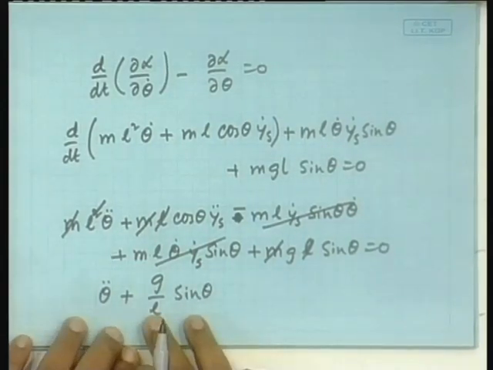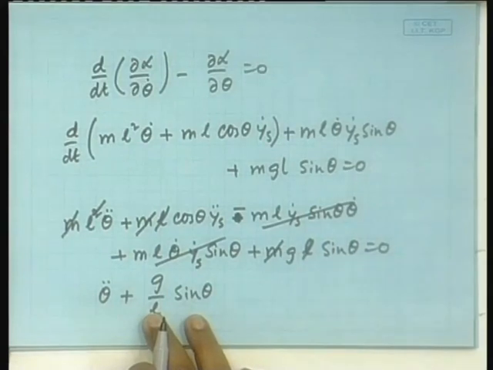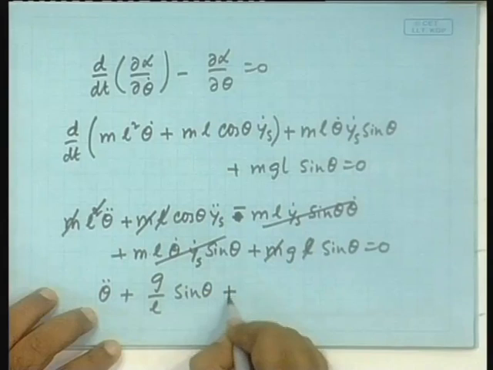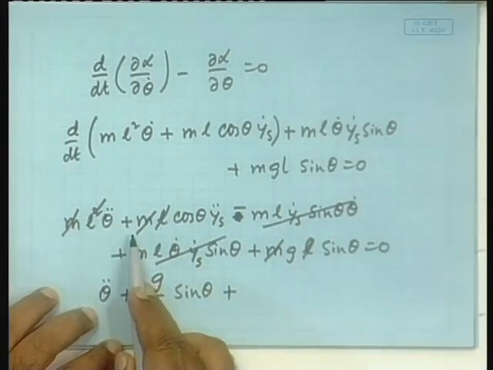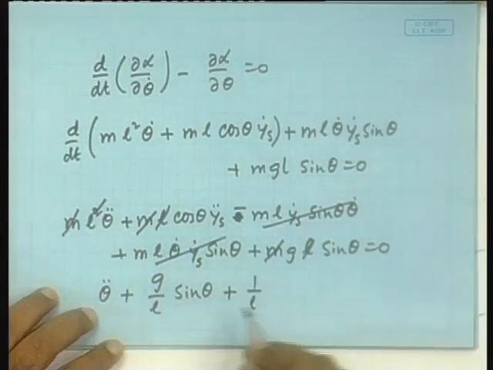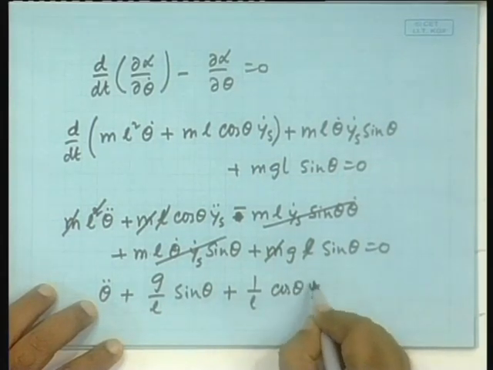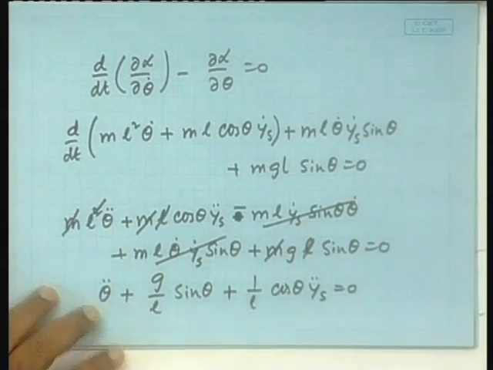These things were there in the simple pendulum. That is why I wanted to write it this way. Plus 1 by L cos theta y double dot s equal to 0. That becomes the equation.